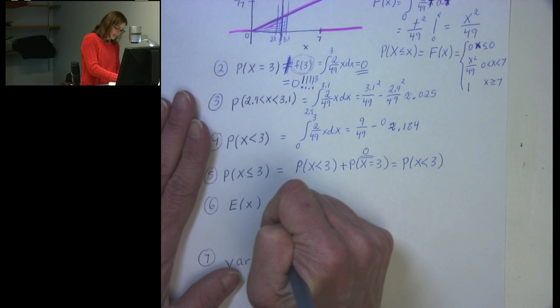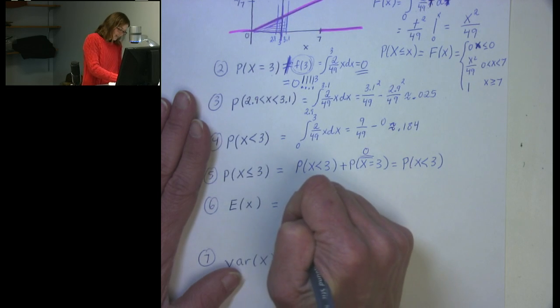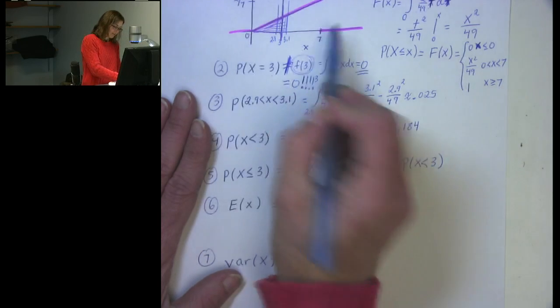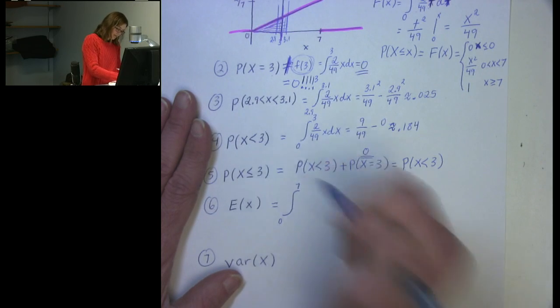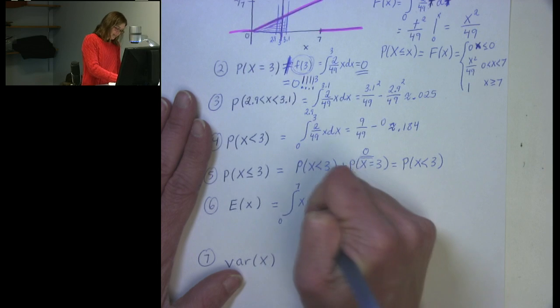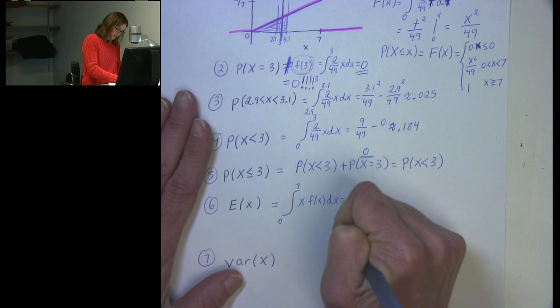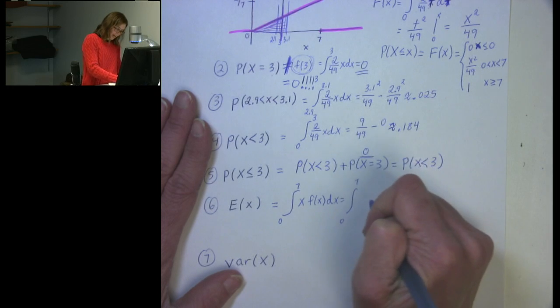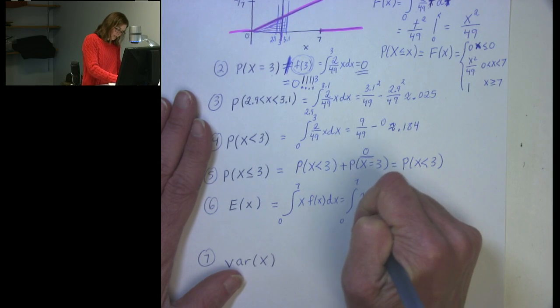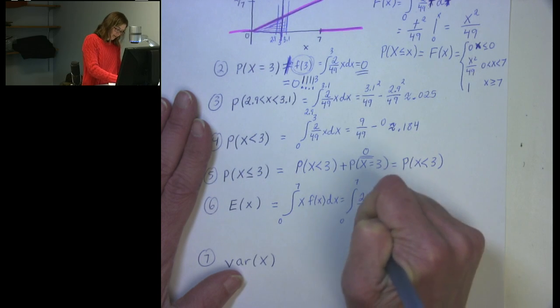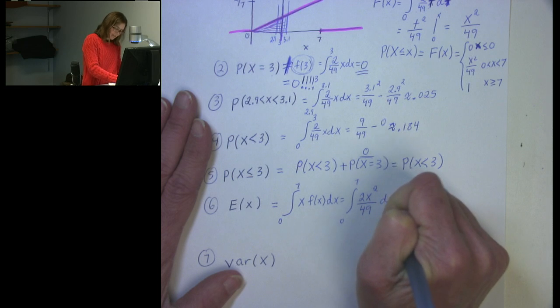When we find the expected value of x, again, what we want to do is integrate over the entire support. So here we're going to go from 0 to 7. We're going to take x times f of x. So that's going to be from 0 to 7, 2x times another x would be 2x squared over 49 dx.